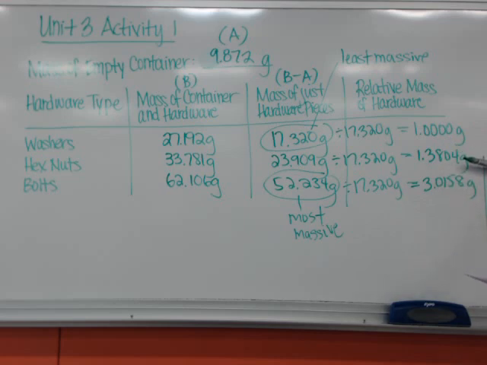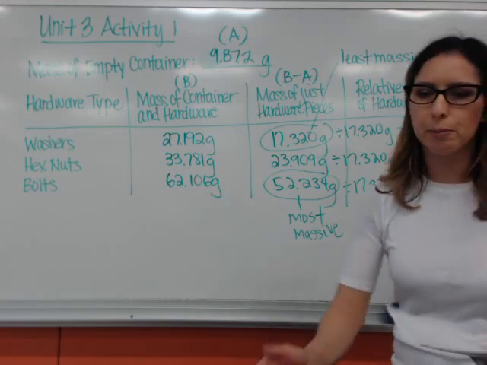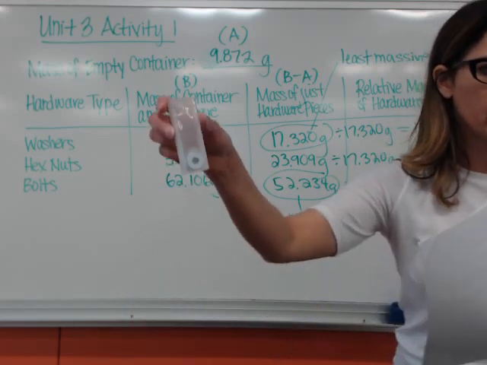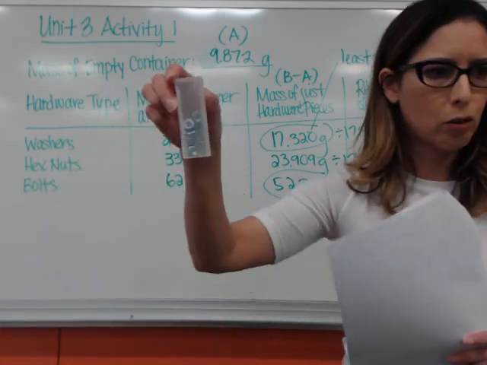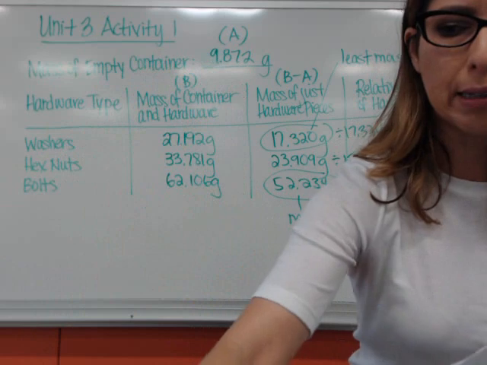Okay? If you take a look at question number 4, another hardware store sells hex nuts and bolts by the bag. Each bag contains a kilogram of hardware. The clerk wants to sell you a kilogram bag of hex nuts and a kilogram bag of bolts to complete a project. Why is this a bad idea? Well, beforehand, I had the same number. For instance, each one of these containers has the same number of each piece of hardware in it. So I'm determining the relative masses to one another.